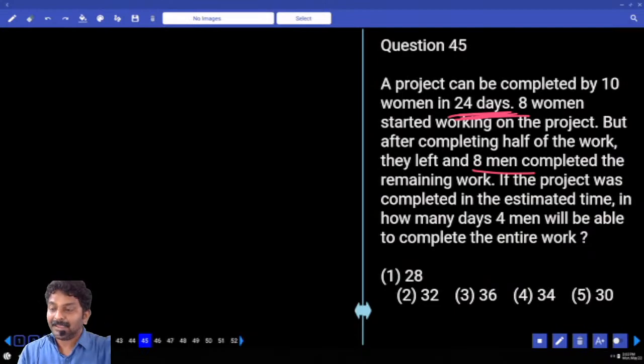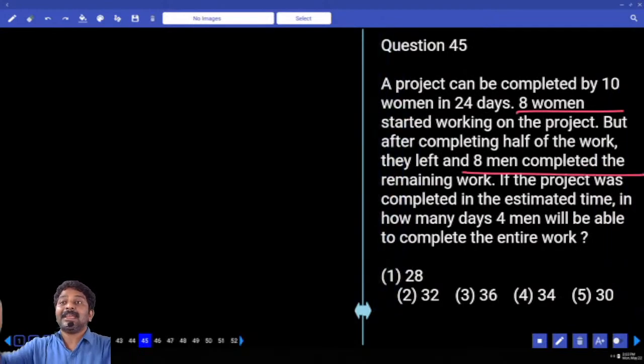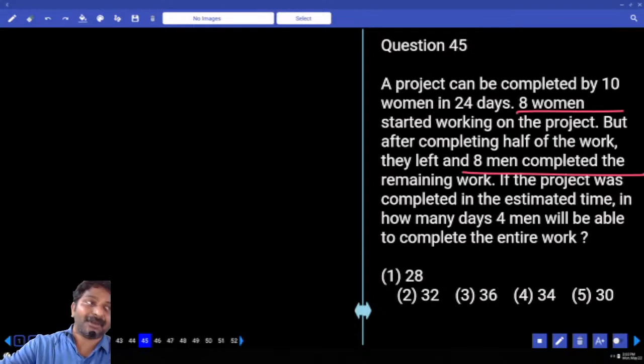In our information, was it given that only 8 men completed the total work? 8 men completed half of the work only, right? That means the remaining half is done by women. So you need to know how much time they take to complete the work. That's where you need to start to answer this question. You know the total time taken is 24 days.